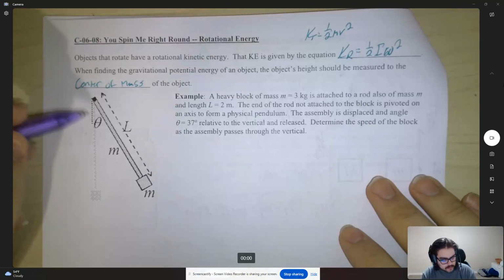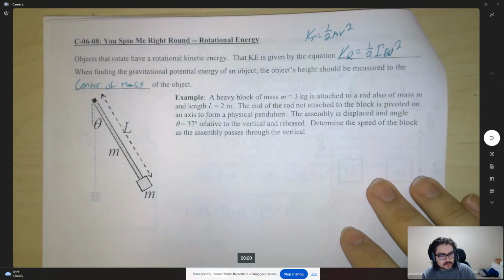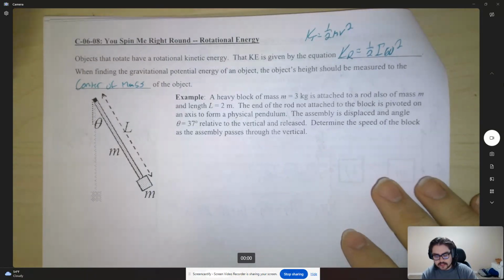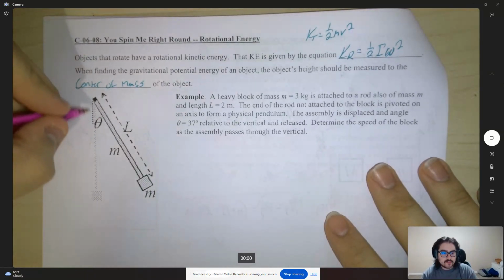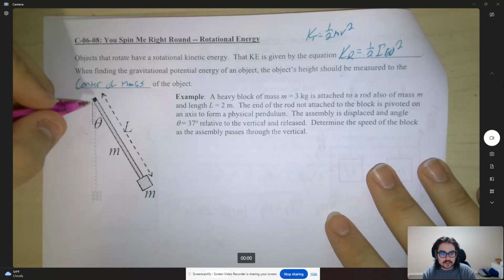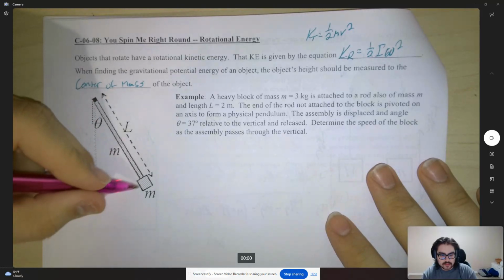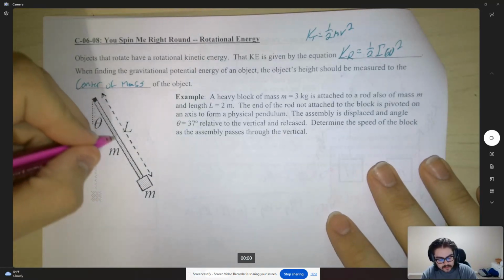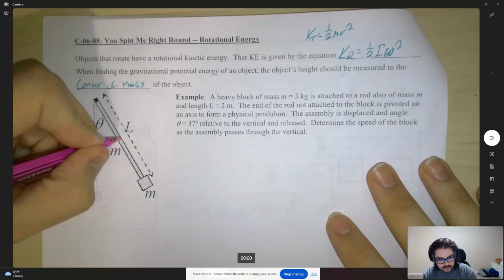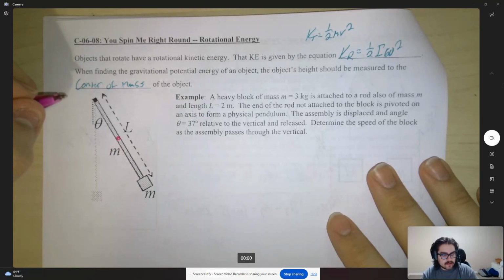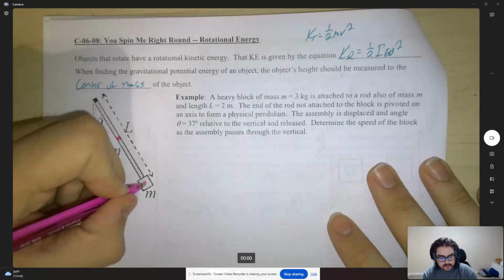What you will notice is that we actually have to solve with rotational energy. We will have to use energy for both objects. We're going to treat the rod separately from the block. The rod's center of mass is about dead center on the rod, and the block's center of mass is also dead center.